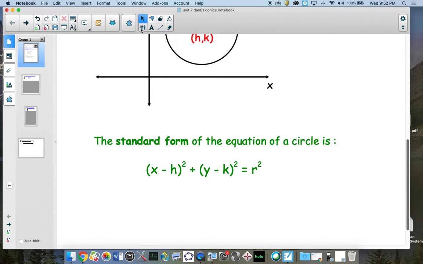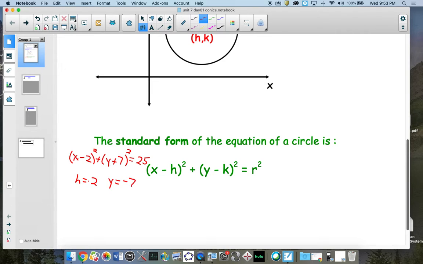Now it's important that you understand that when it's written this way, let me throw in a particular number. If I have x minus 2 squared plus y plus 7 squared equals 25, the h is equal to positive 2, and the k is equal to negative 7.